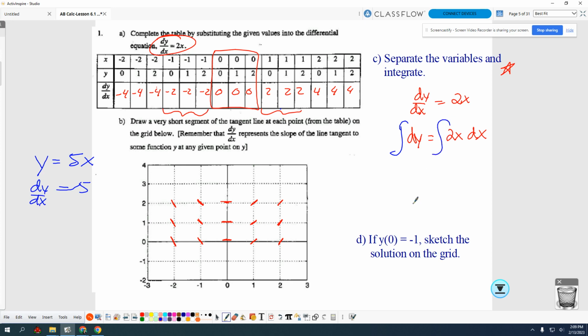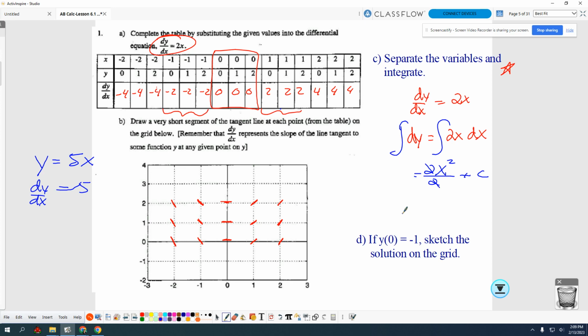Morgan, what is the integral of 2x dx? It'd just be x squared. Raise the power, divide by the new power, and then plus c.